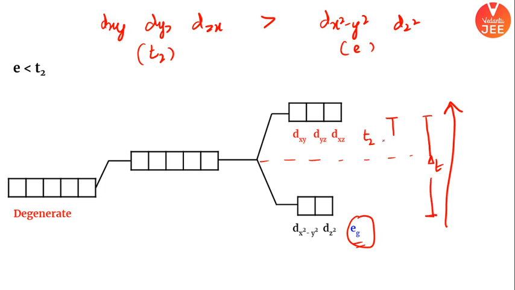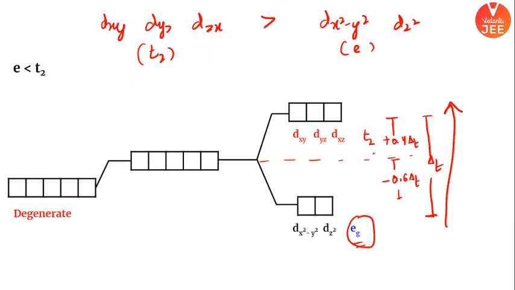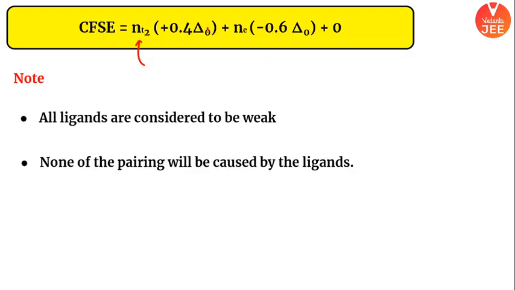From here to here it is plus 0.4 delta T, and from here to here it is minus 0.6 delta T. So if I have to apply CFSE here, I will write the number of electrons in the T2 level times plus 0.4 delta T, similarly the number of electrons in the E level times minus 0.6 delta T. Correct? I hope it is clear.